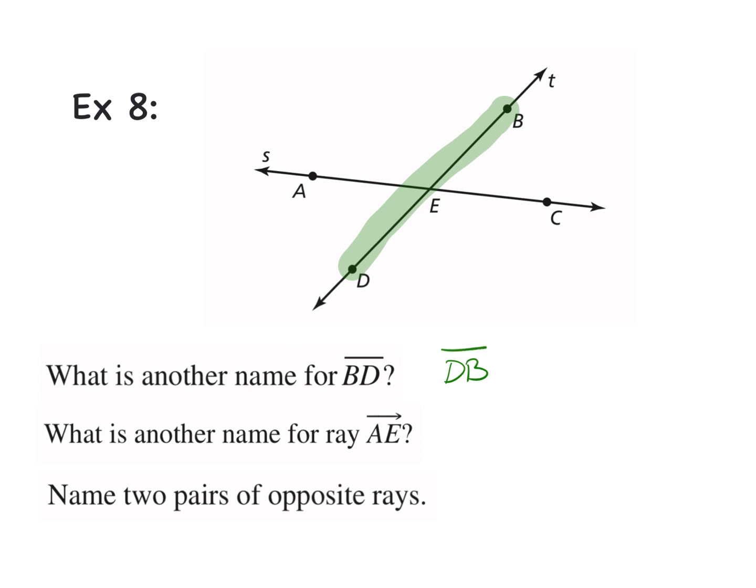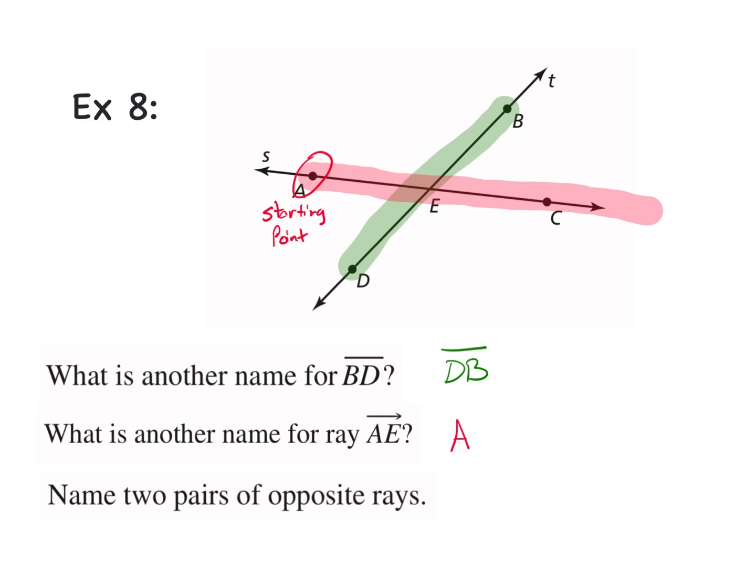Okay. The next one says, what's another name for ray AE? So remember, the first letter is the letter that is the starting point. So it starts at A, goes through E, and goes on forever. If it's going to be the same ray, it's got to have the same starting point.